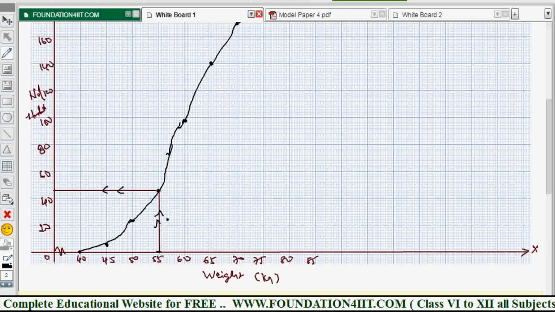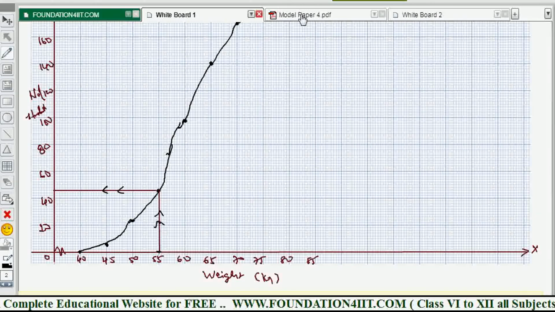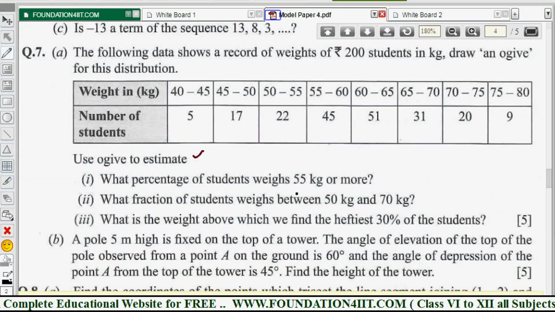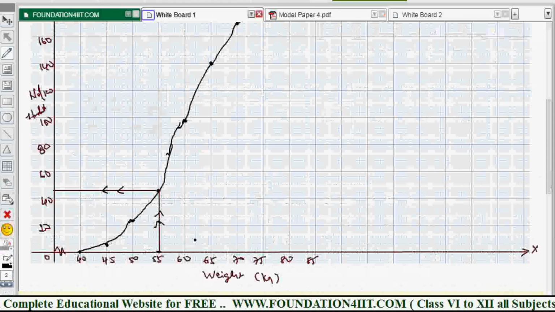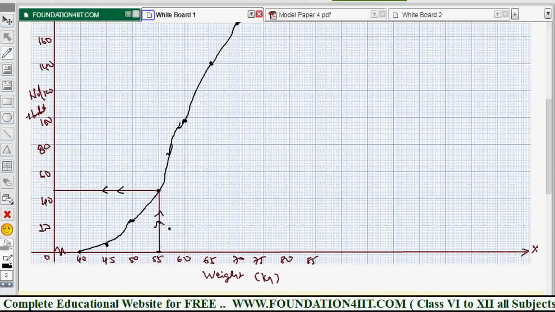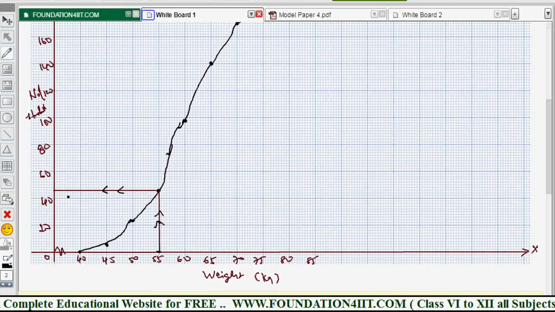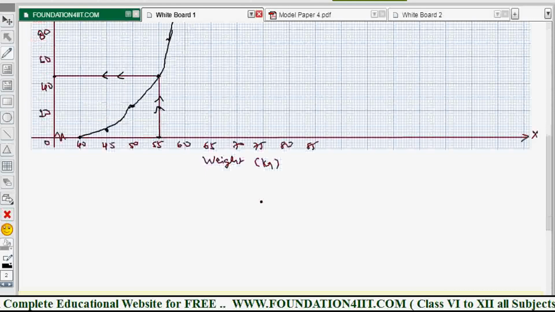You can show the directions also, how the line is going. Now if you observe, this is touching at 44, out of a total of 200. So I got the first question.